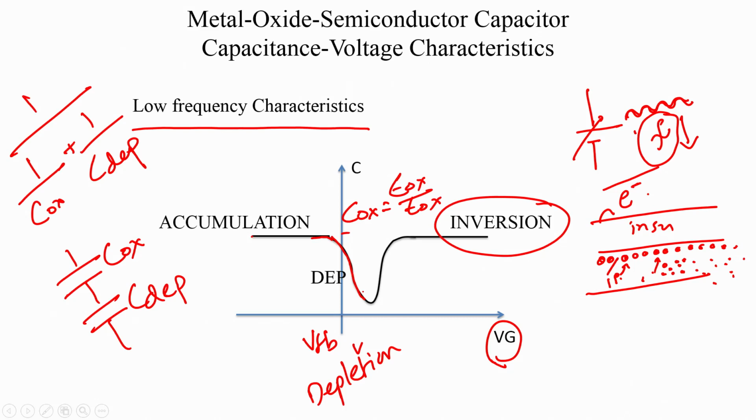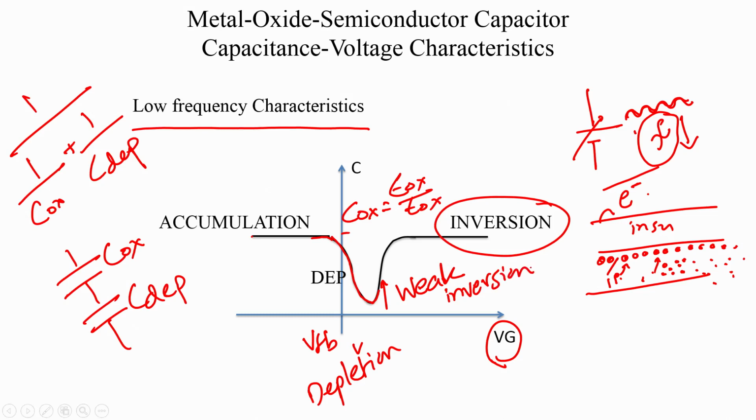But then you will reach a point where EI starts going below EF and electrons start appearing at the interface. Once the electrons start appearing at the interface, they also contribute to the response, and you enter something called the weak inversion mode.